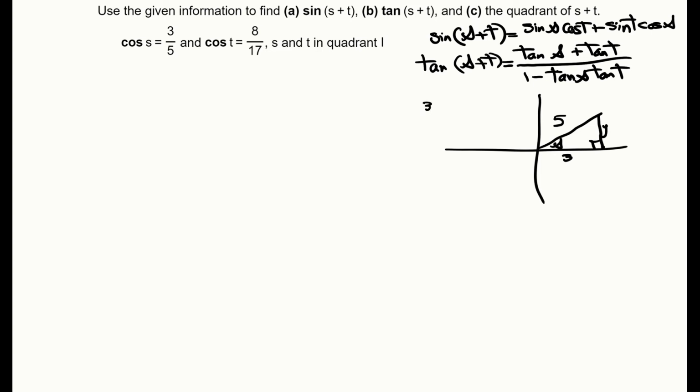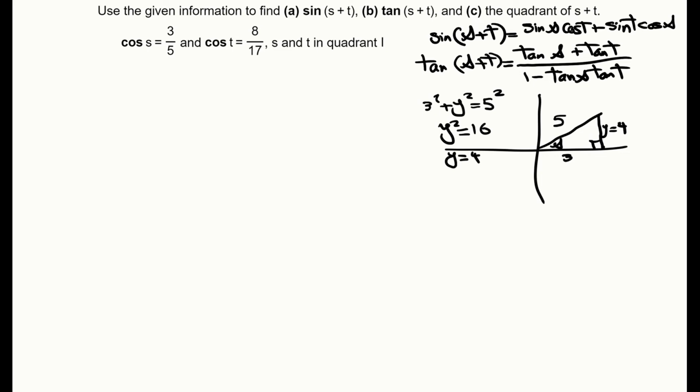So we have 3 squared plus y squared equals 5 squared. So we get y squared equals 25 minus 9, which is 16. So y in this case is going to be positive 4. So we know that this is going to be 4. Of course, you should recognize a 3, 4, 5 Pythagorean triple.